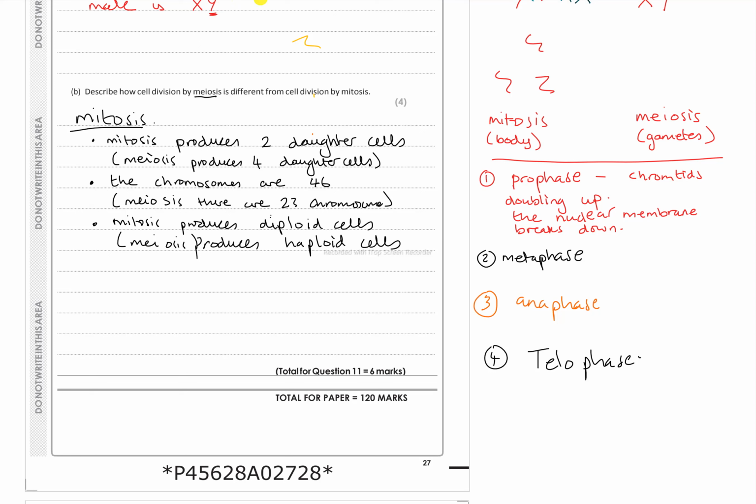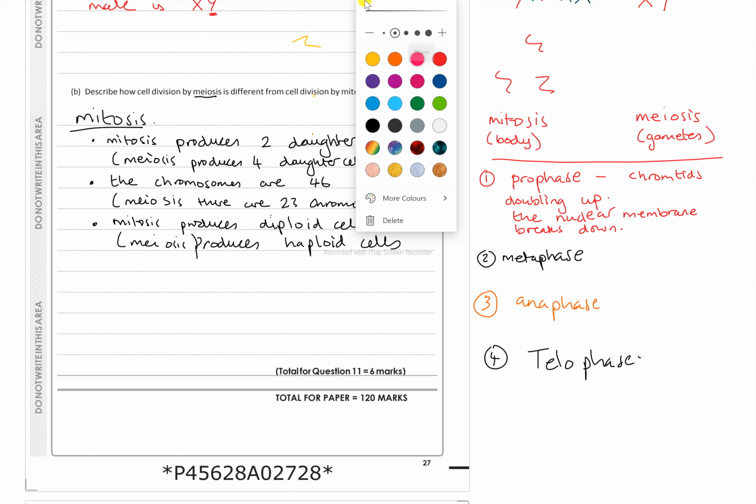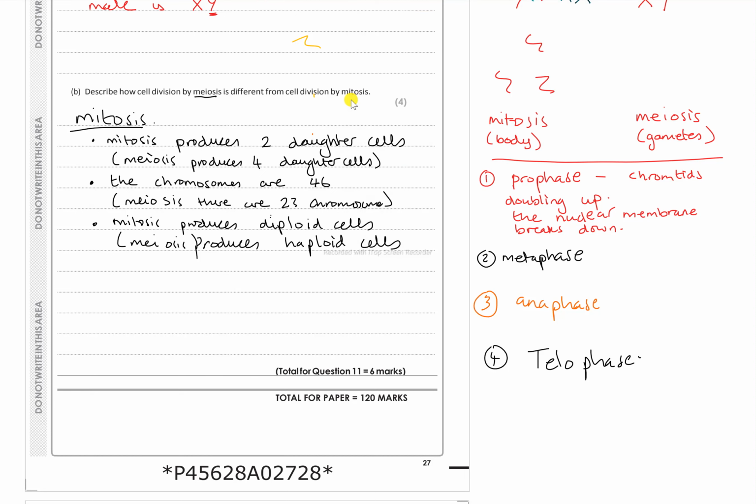That just simply means, let's turn that into red. Diploid is 46 chromosomes, haploid is 23.